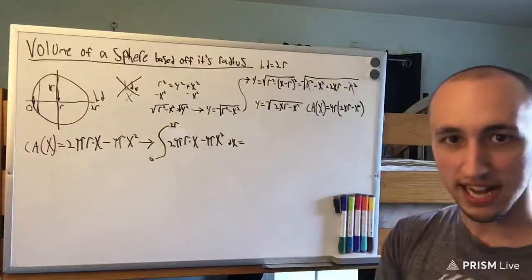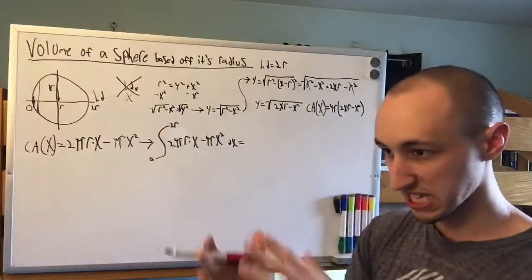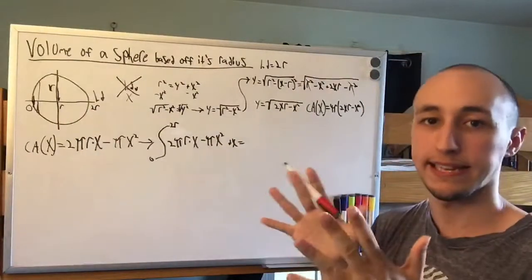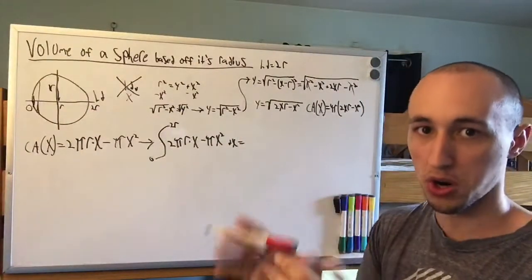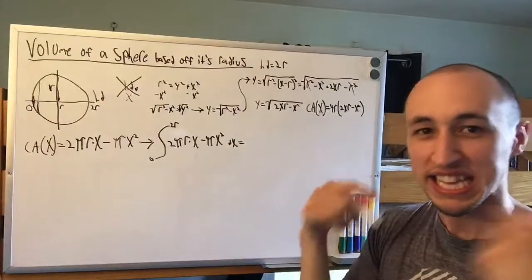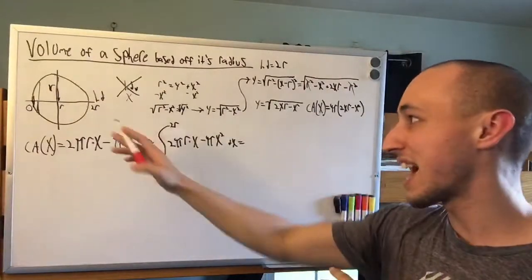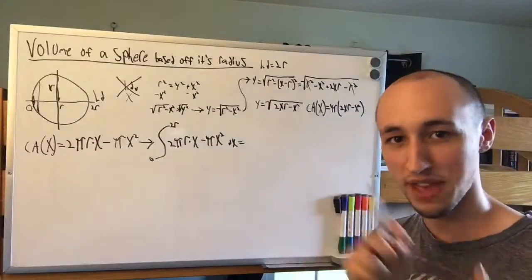Right now we're treating it as a constant. We're treating it as, oh, the sphere is 2r wide. The diameter is 2r. The radius is r. You see what I mean? So that's not the same, if that makes sense.